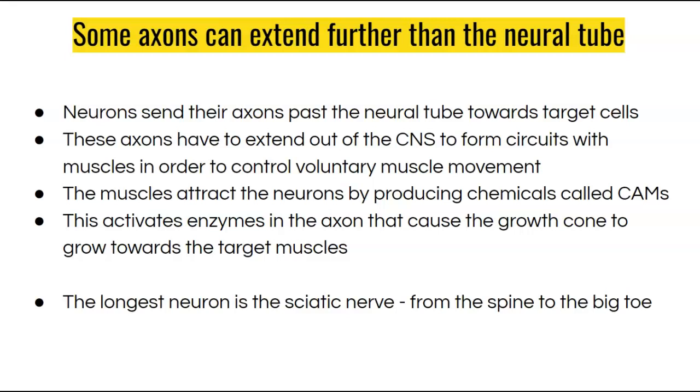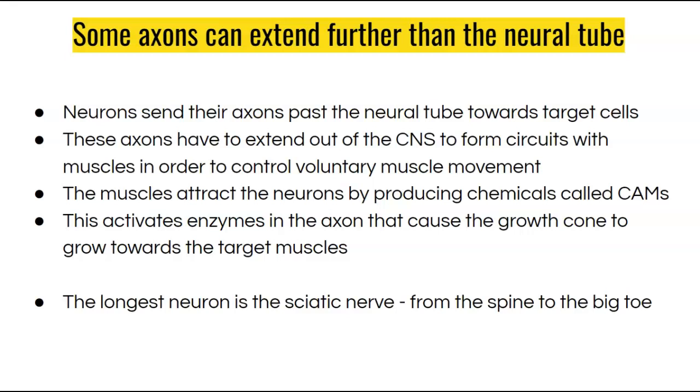The muscles definitely lure neurons out from the spine, because neurons are content where they are, but they will be lured out by these chemicals because the enzymes in the axon are like, yes, I like that, I want to go there.